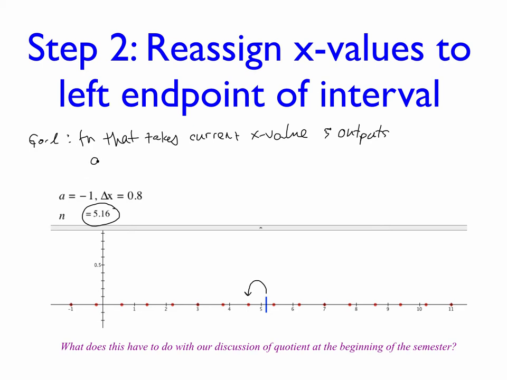This is a little different than functions that we're used to, because normally you put in an x, you get out a y. That's not what's happening here. We're putting in the current x value and outputting another x value, which is the left endpoint of the current interval. When I say current interval, I'm talking about the interval containing the current x value.